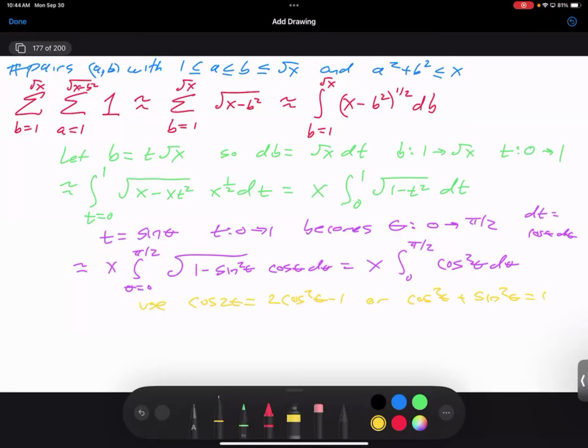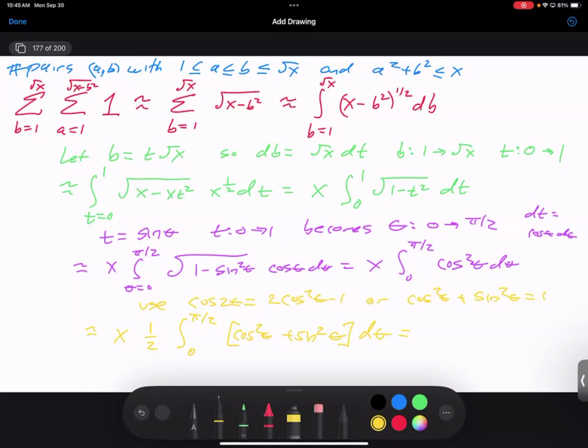So this is the same as x times 1/2 the integral from 0 to pi halves of cosine squared theta plus sine squared theta d theta. This is a wonderful trick. Because in the interval from 0 to pi halves, sine squared and cosine squared cover the same thing.